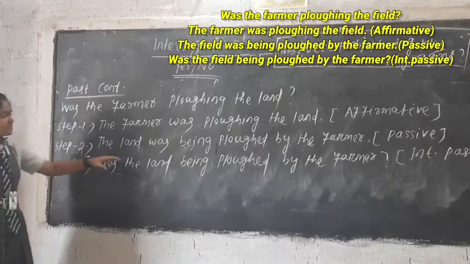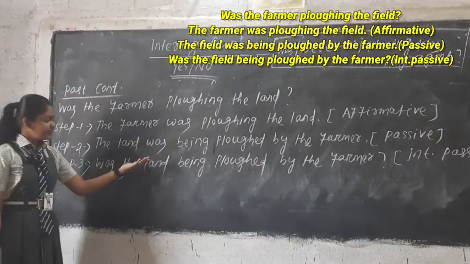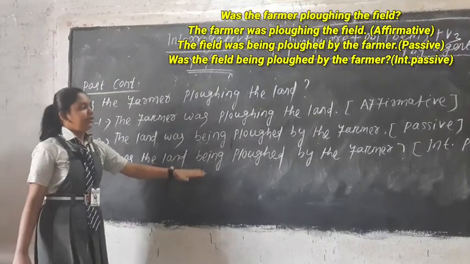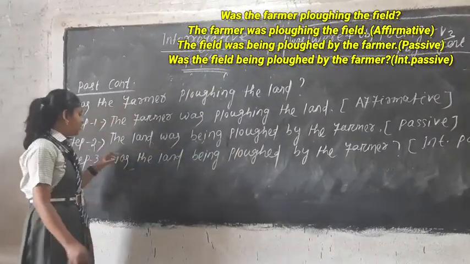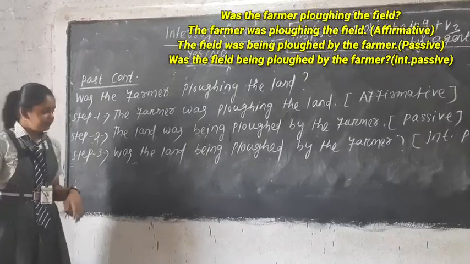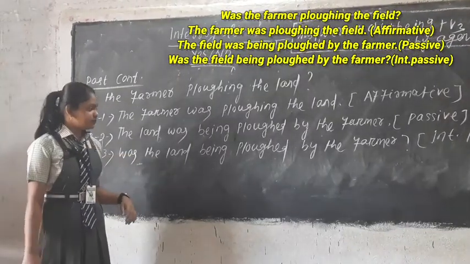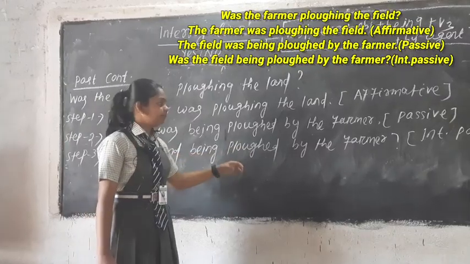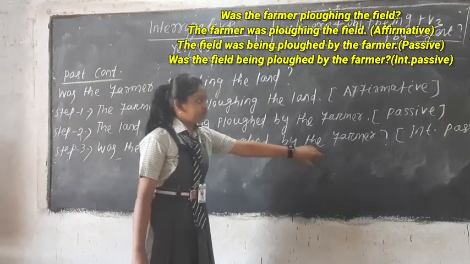Step 3 is to just interchange the auxiliary verb and the subject. Was the land being plowed by the farmer? Was here is the auxiliary verb, the land is the subject, being plus verb 3, plowed, by agent, by the farmer.